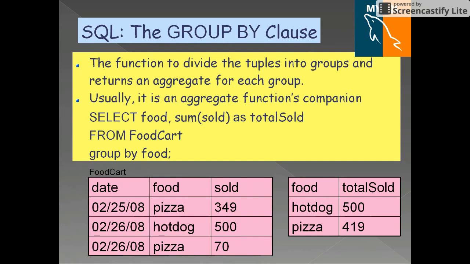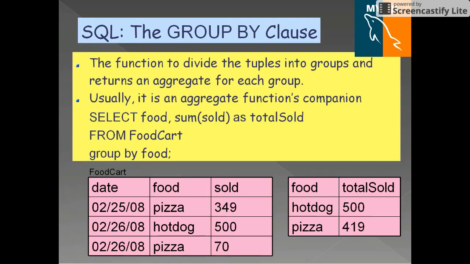If we want to combine the value and print the sum of the sold amount of pizza or hot dog, how can we do so? We can group them and print the sum of each value based on food.